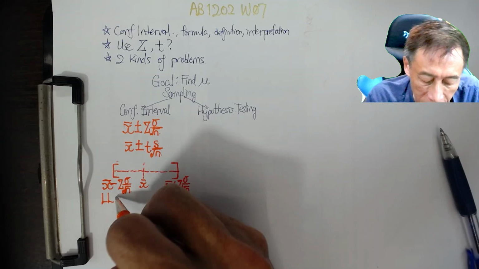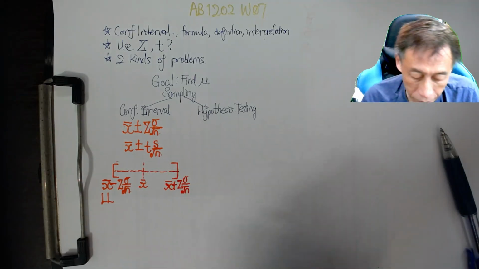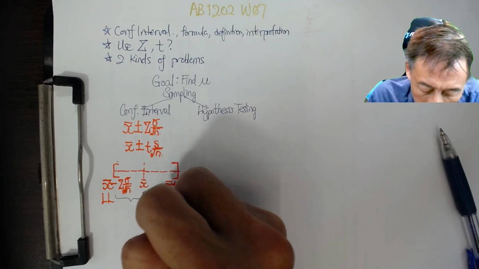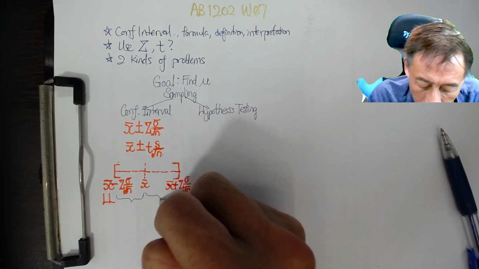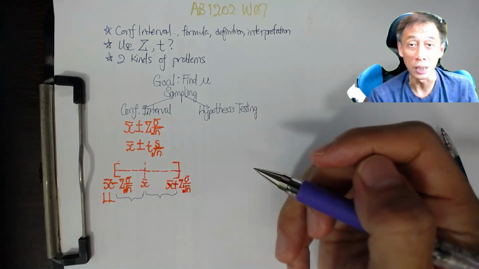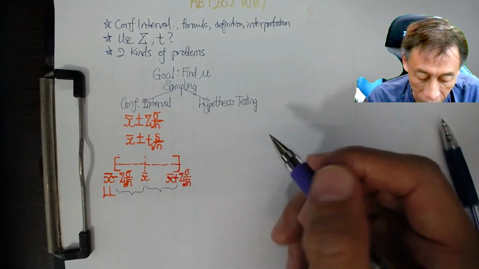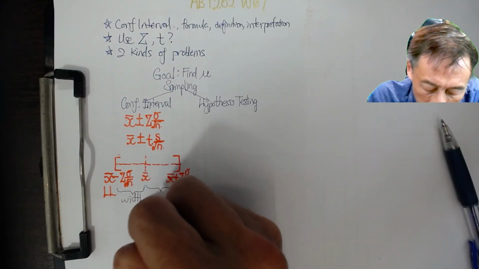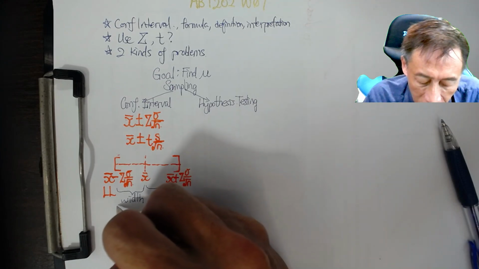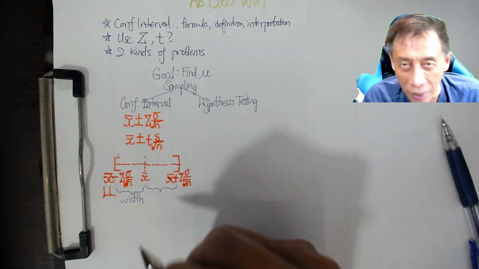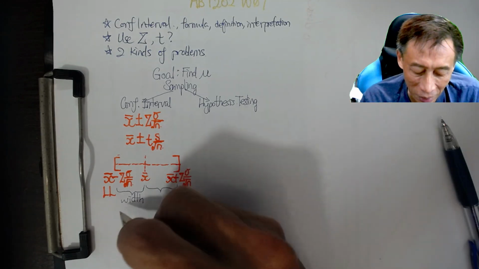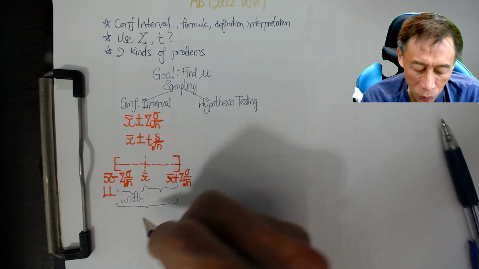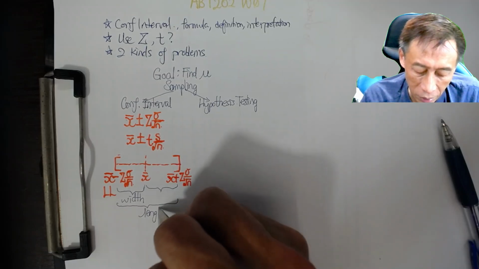And from the center to the edge will be, first of all, symmetrical, equal in distance, but we don't call it distance, we call it the width. All right, and typically some notations, and this part is not a standardized way, but people do call 2 times the width the length.